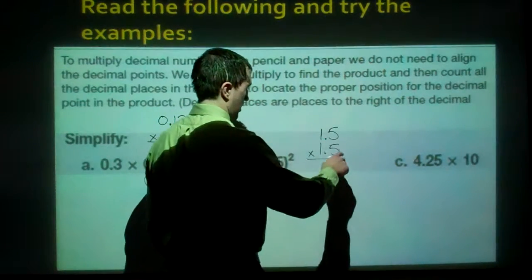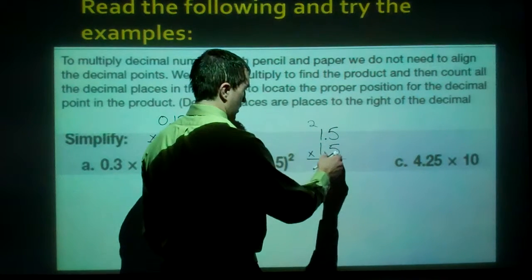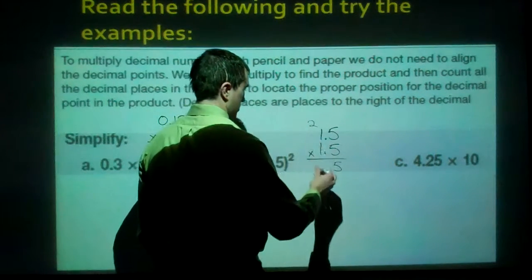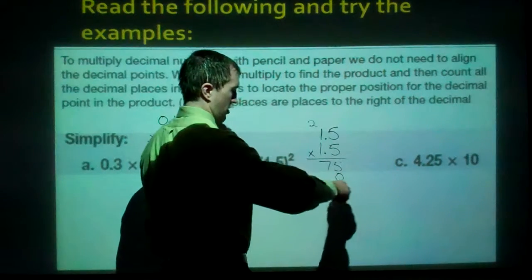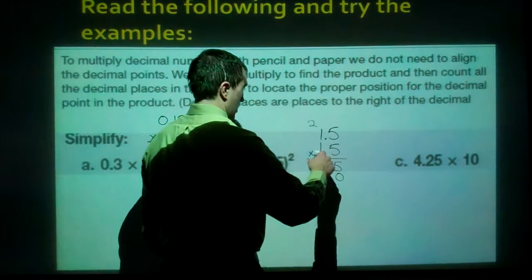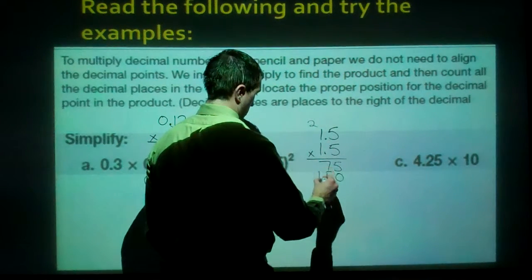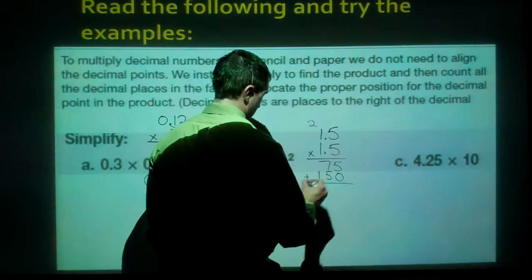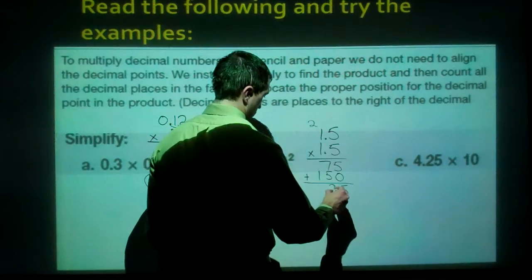Alright, 5 times 5 is 25. Here you carry 2. 5 times 1 is 5 plus 2, 7. Have to add a 0 since we moved over a spot or down. And 1 times 5 and 1 times 1. Add. So we got 5 plus 0, 7 plus 5 is 12.